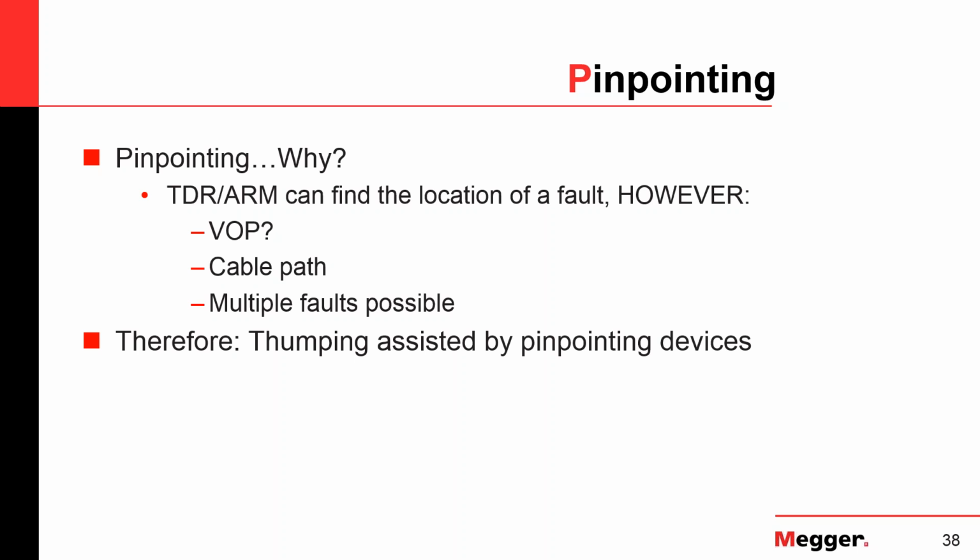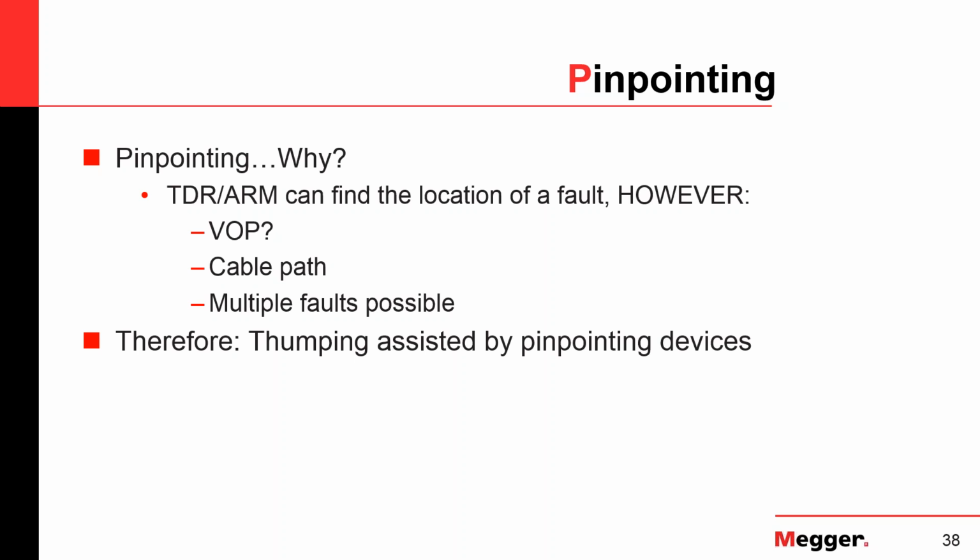The cable path is also of importance, because the TDR gives you a distance to the fault. If the cable is not following the actual path, a classic example is the crew thinks you're standing at a pad mount transformer, the cable runs down on your side of the road to the next pad mount, while in reality it crosses the street to the left, runs on the other side of the road, and comes back under the pavement to the other pad mount.